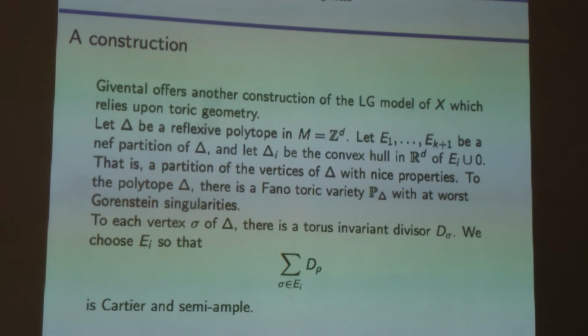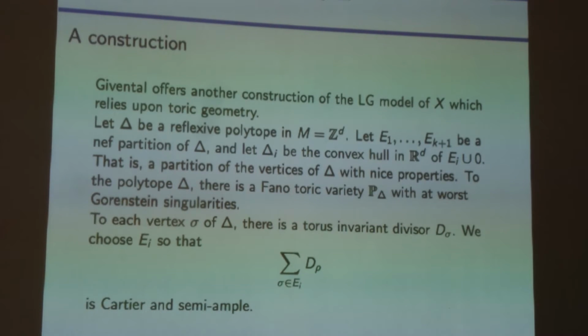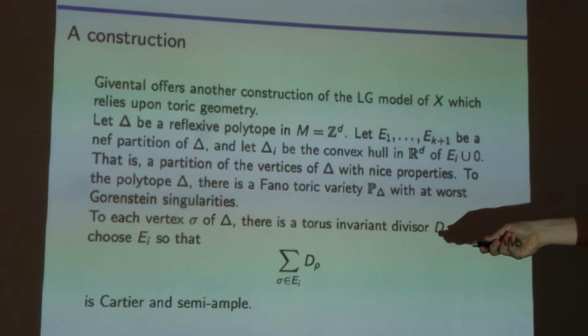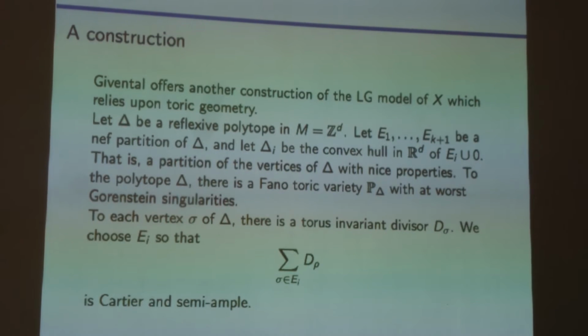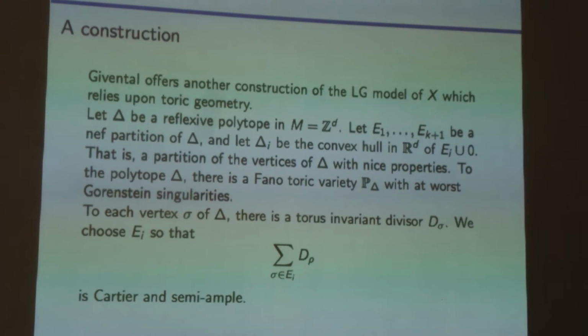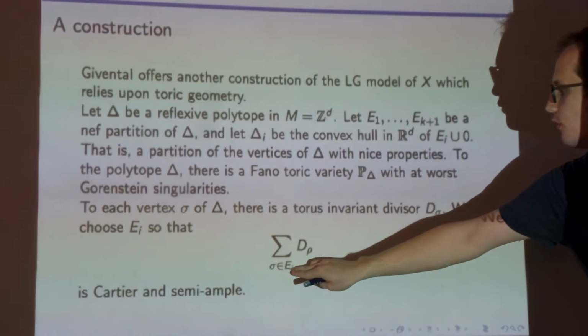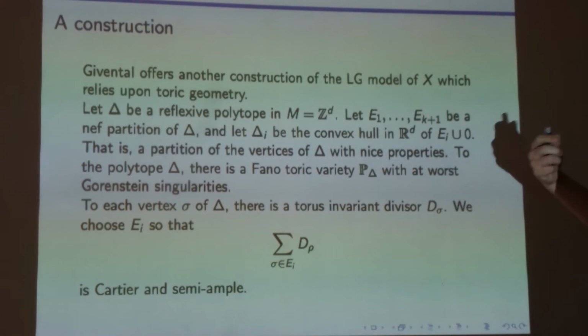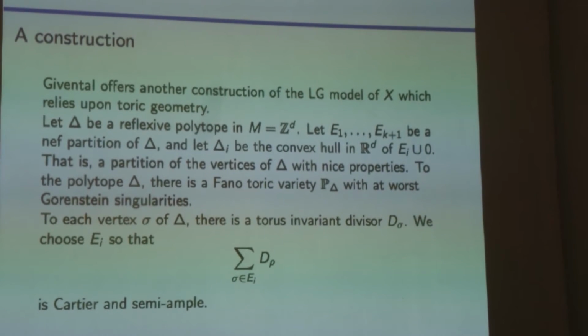The way we've chosen the E_i is so that if you take the sum of these divisors, it is Cartier and semi-ample. Another fact from toric geometry is that since we've taken a partition of all vertices of this polytope, the sum over all vertices of delta is going to be the anti-canonical divisor in the toric variety.